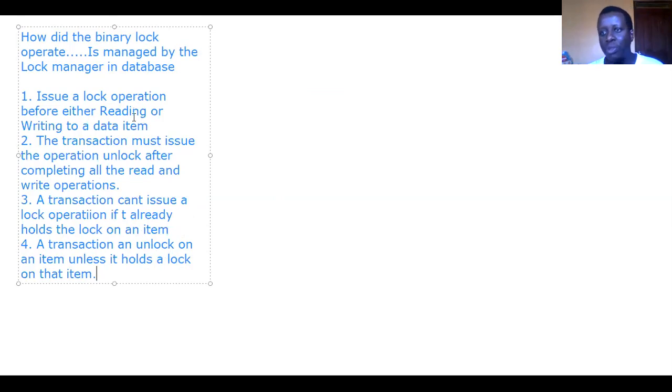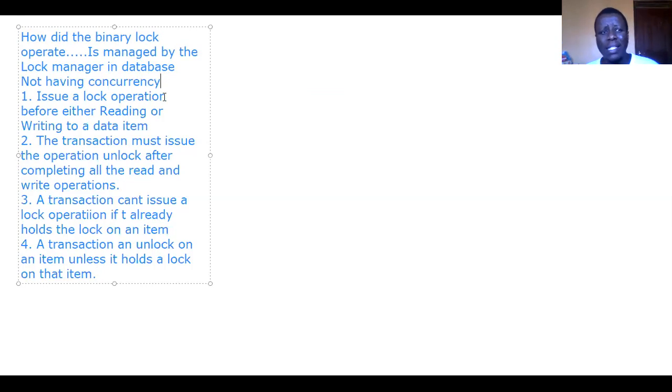But now let's look at the first two. Issue a lock operation before either read or write, and issue operation unlock after completing all the read and write operations. This is why I said there was a very big issue. This brought about the issue of deadlocks, and it even brought about the issue of not having concurrency.